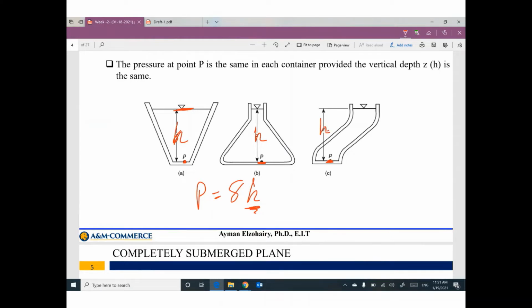Whatever, I don't care about the shape of the container. The vertical distance between the point and the water surface is called h. This is the meaning of h. So be careful, h is the vertical distance.